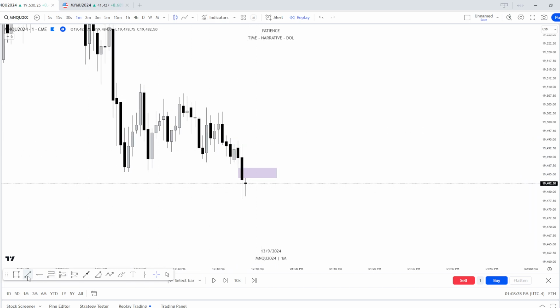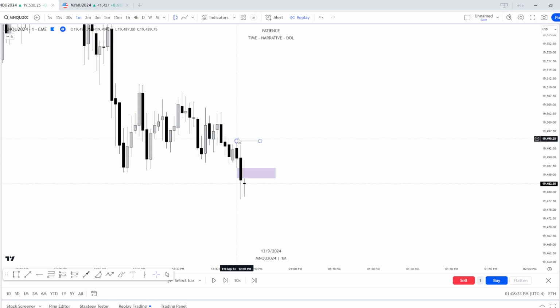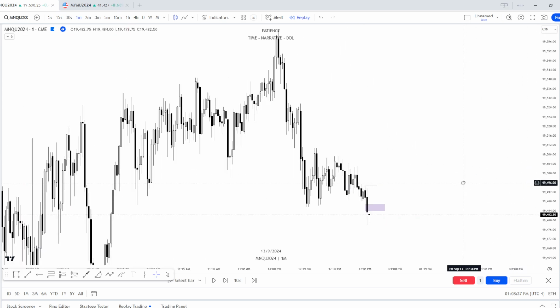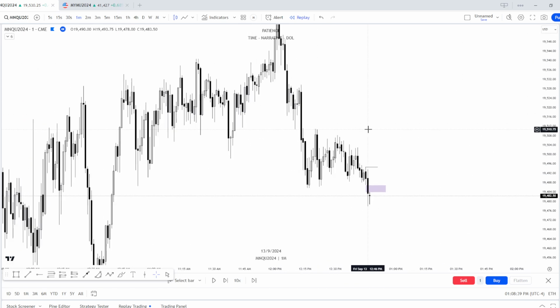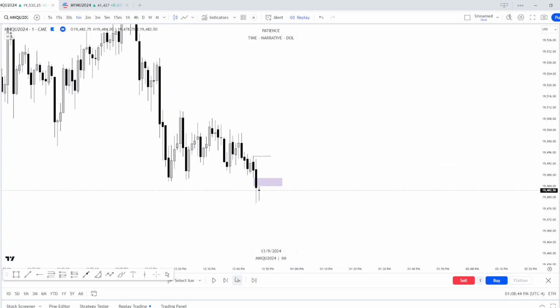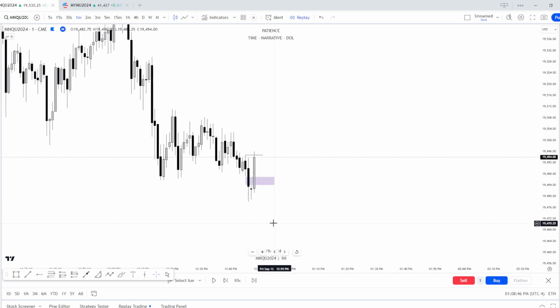We have this high that formed this fair value gap, and if we are in a bearish market, if we're selling off, we would expect this to send price to the downside. If price doesn't do that and we end up coming above this fair value gap and closing above it, I would expect this high that formed the fair value gap to be the next draw on liquidity. Mind you, it could be all of this liquidity.